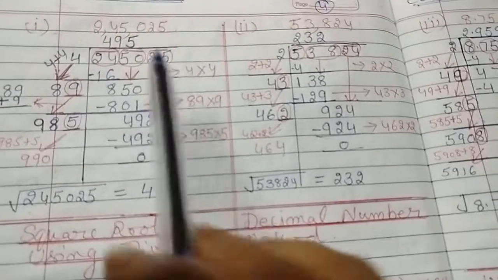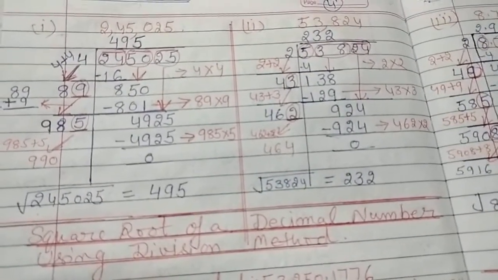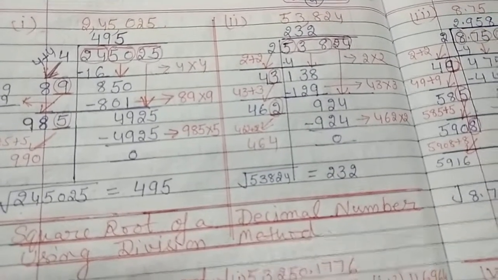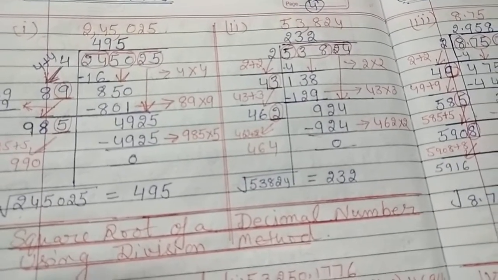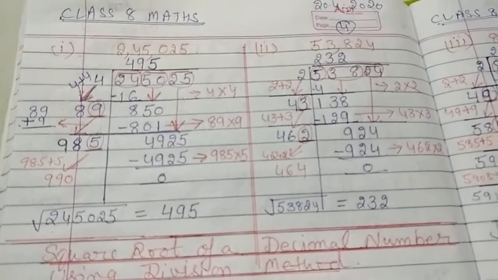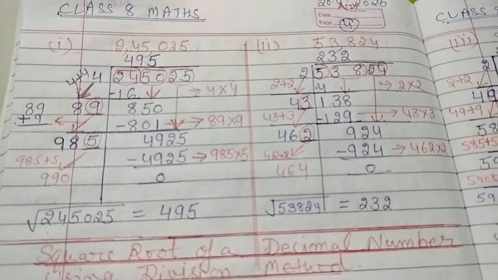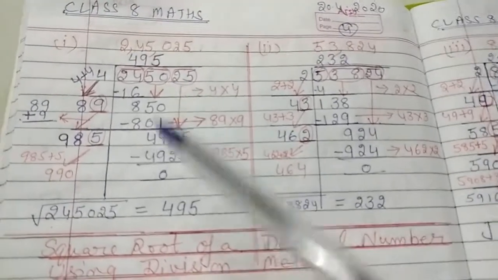If we have a bigger number, finding the prime factors is very hectic work and takes a long time to solve. So we have another, easier method for finding the square root: the long division method. There are some rules for the long division method.